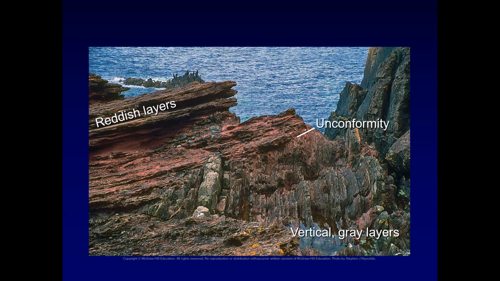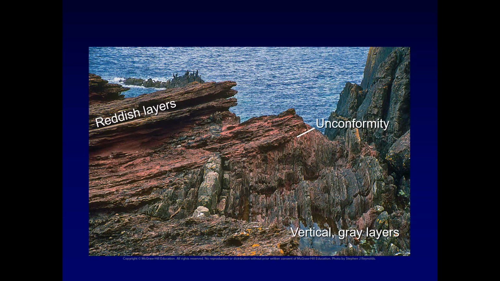So what happened here is this rock unit eroded. There used to be more of it. And the reddish layers of sandstone and conglomerate were deposited on top. The contact between those rocks, the unconformity, suggests that there are two different geologic histories.